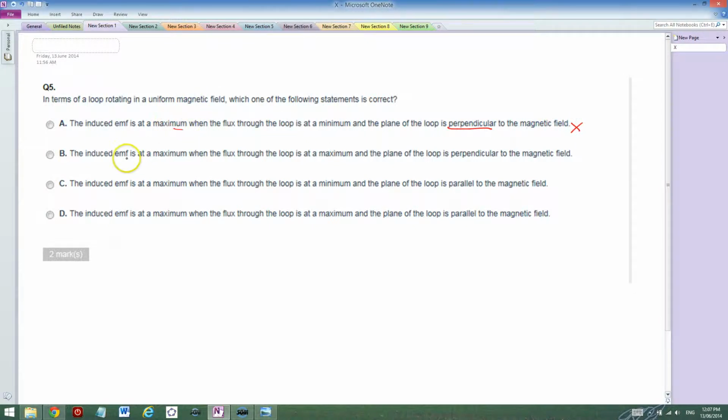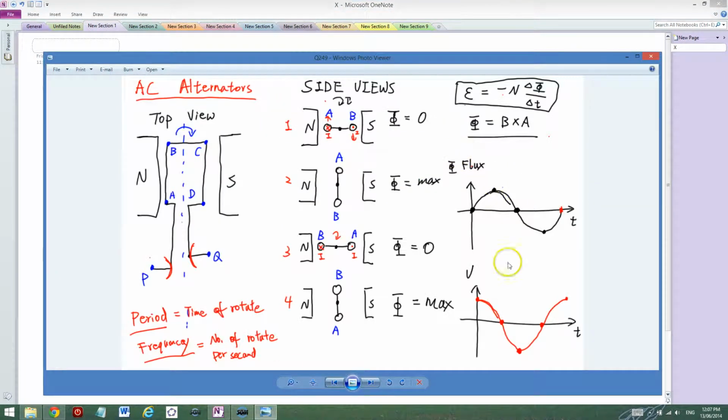Now let's look at the next one. The maximum voltage when the flux through the loop is a minimum. If we look at this statement, the maximum voltage occurs when the flux is actually 0. It's not the minimum. Minimum is a minus number.